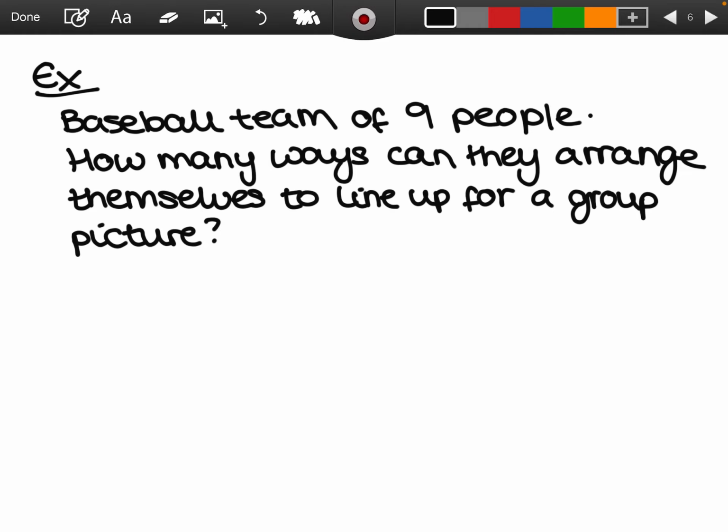This kind of follows the same as what we did in our previous example. What I would do in this case, like I said with the first one, is draw it out.